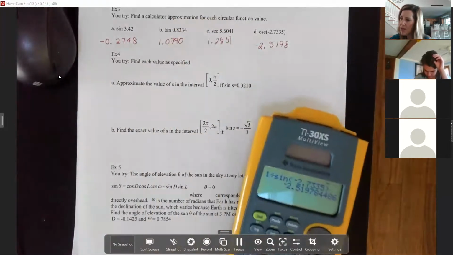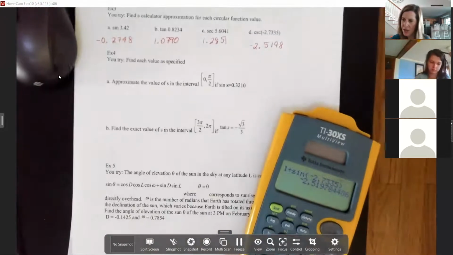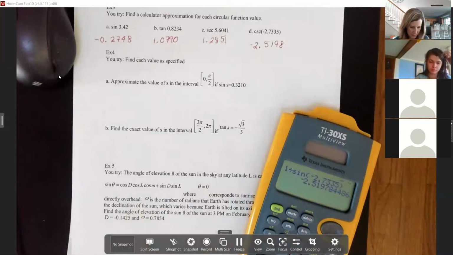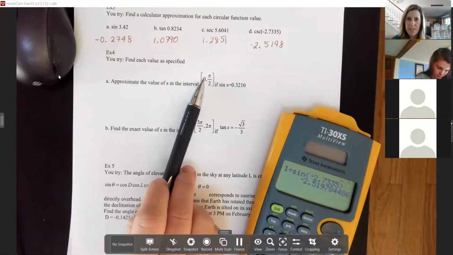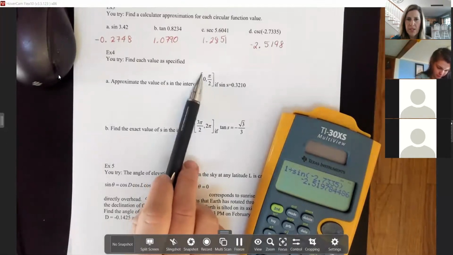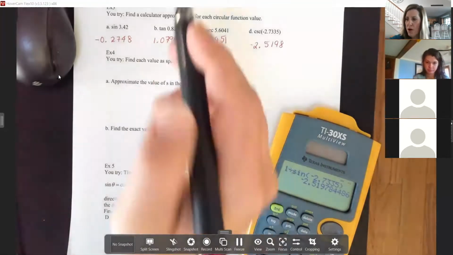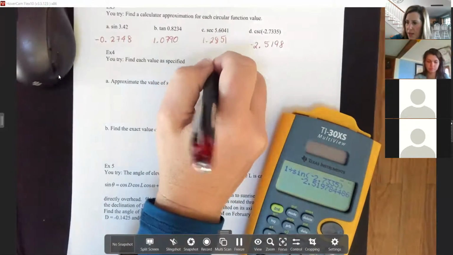All right, so find each value as specified. This time, what is it asking us to find? It only says 0 to pi over 2. That actually just means quadrant 1, right?